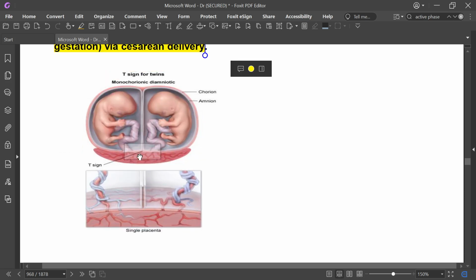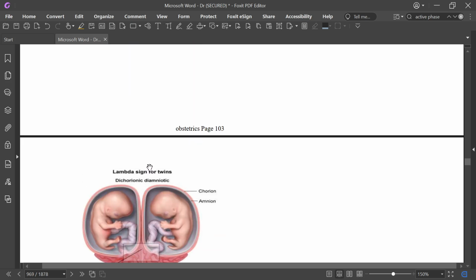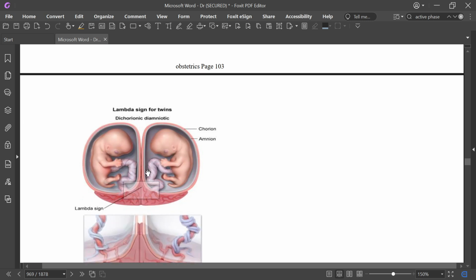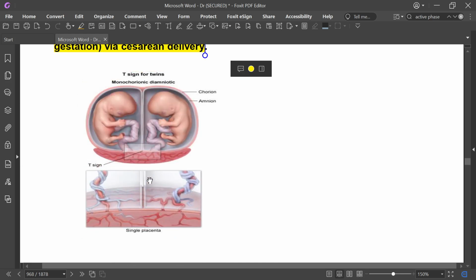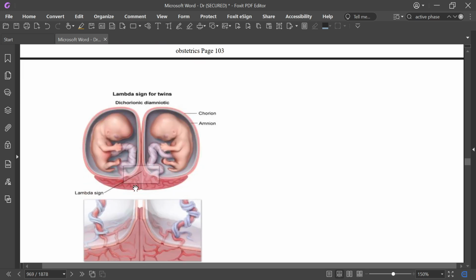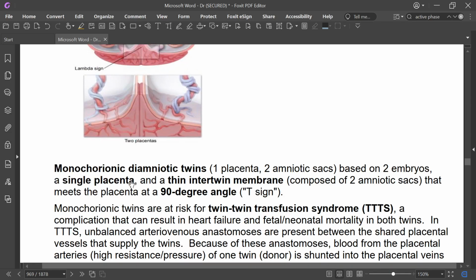Monochorionic diamniotic has the T sign, and dichorionic diamniotic has the lambda sign.